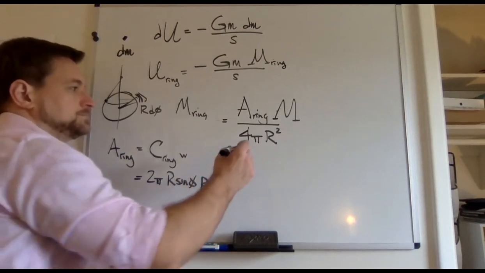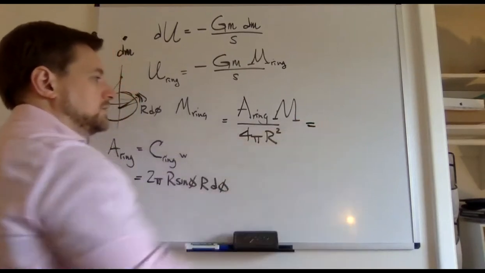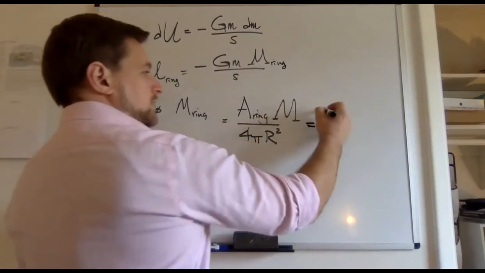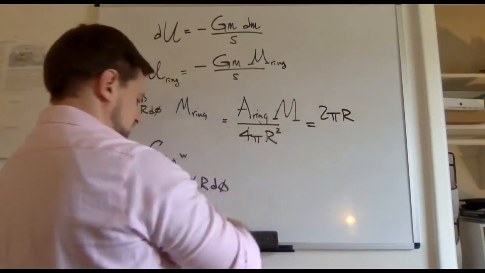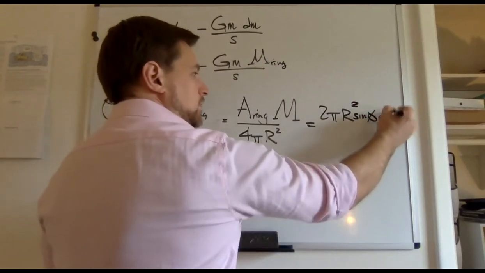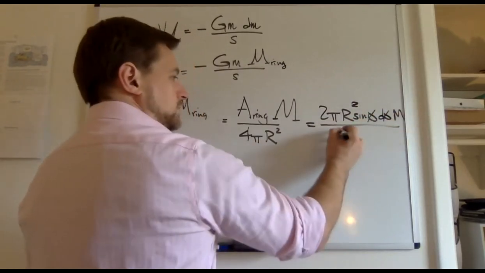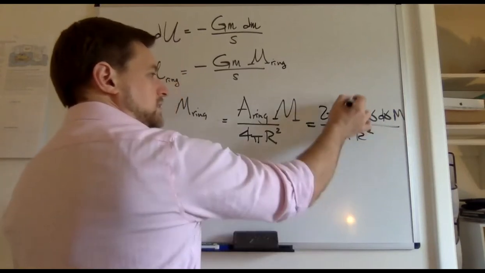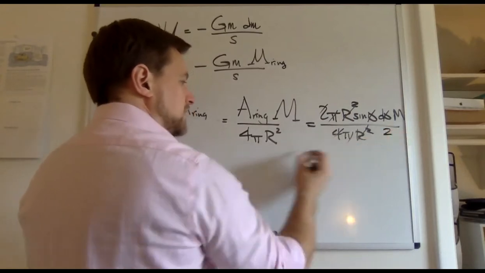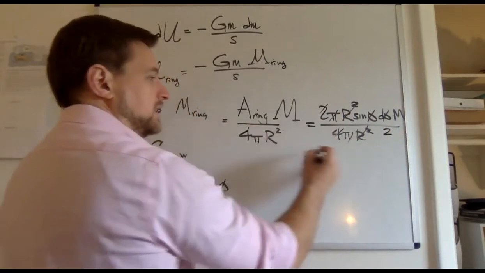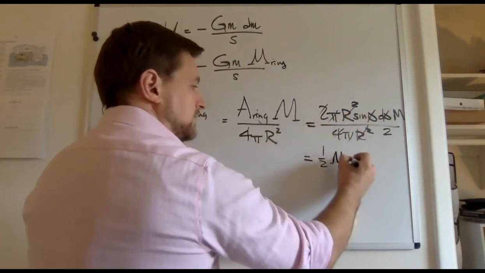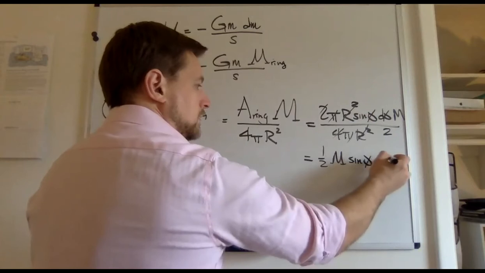Okay, equals. The area of the ring is 2 pi r squared sine phi d phi, times m, all over 4 pi r squared. So the r squareds cancel, the pi's cancel, and a factor of 2 is left, is all. The mass of the ring is 1/2 m sine phi d phi.